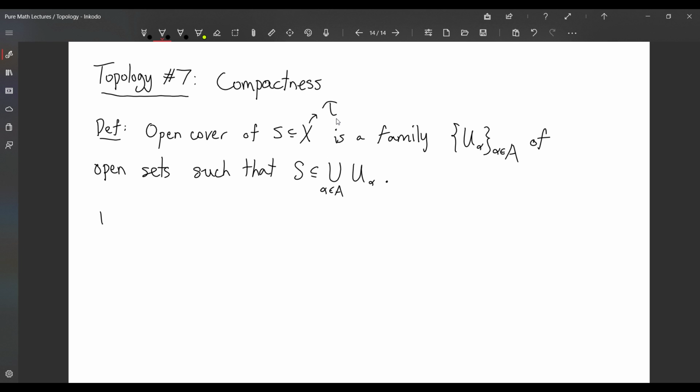The next definition is going to be of compactness.